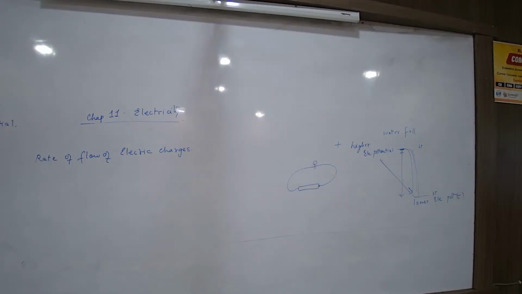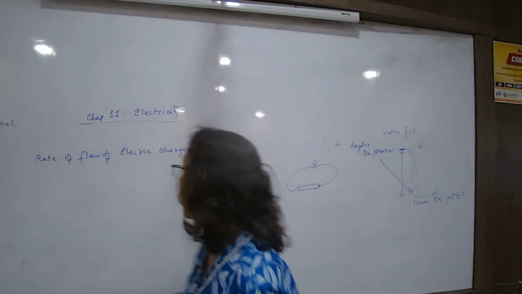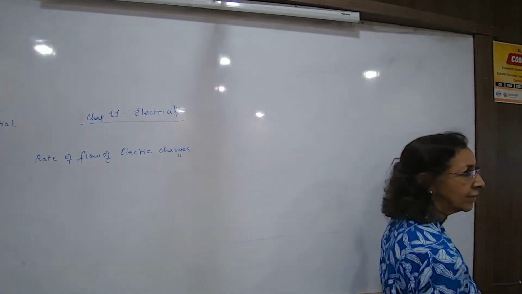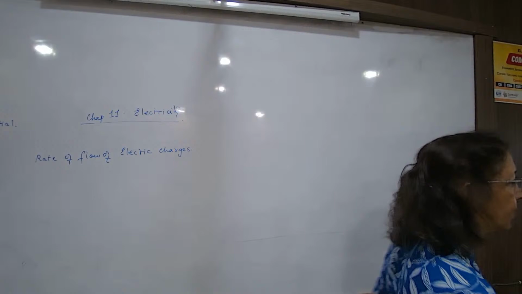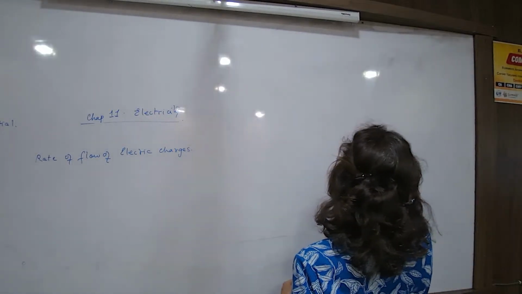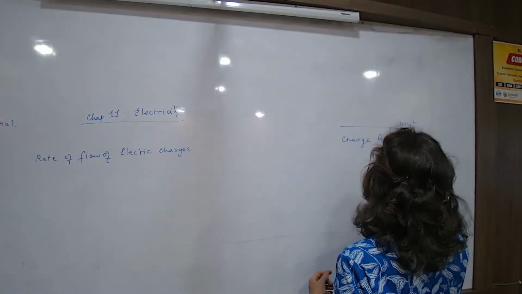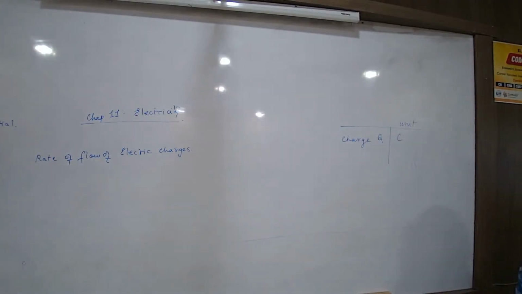Now this is where we need to be careful. I'll give you a table next time. The symbol of charge is Q, but its unit will be coulomb, C. One minute, children.